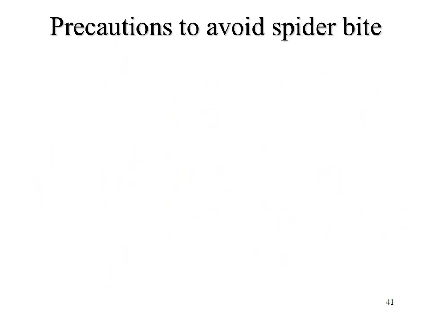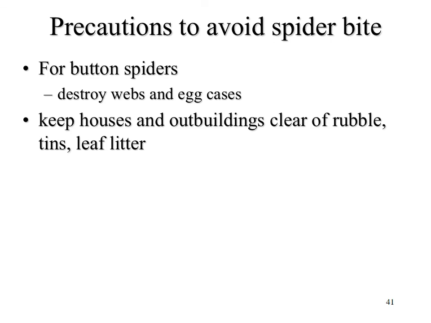So that's just a good illustrative case, which I thought would bring out some of the signs and symptoms that we talked about, and then I would spend a bit of time highlighting some of the management issues. And then just to finish off, it would not be complete if we did not talk about precautions or prevention of spider bite.